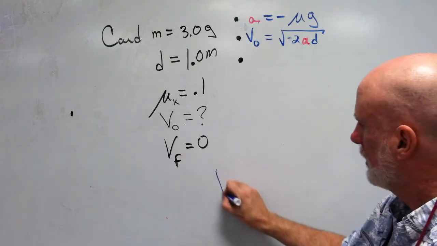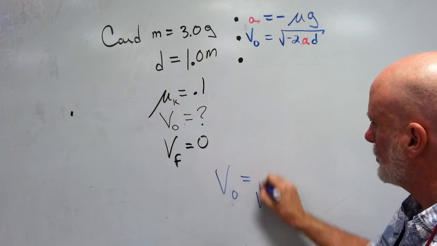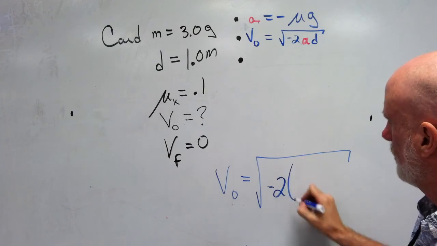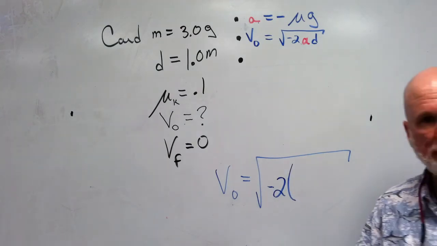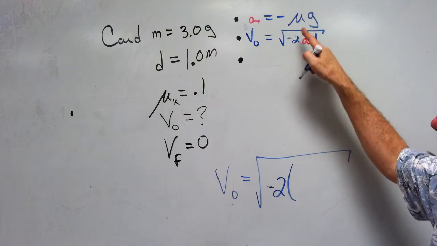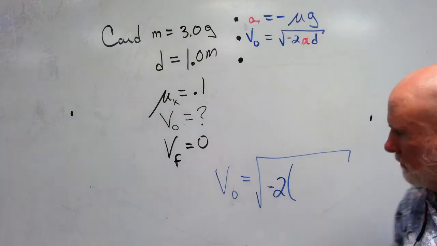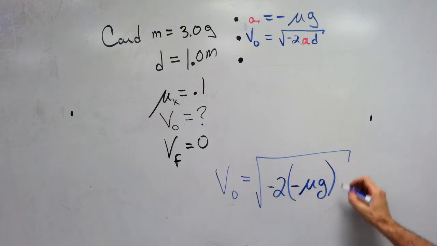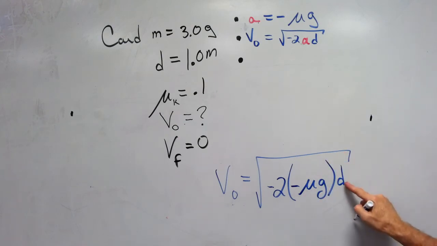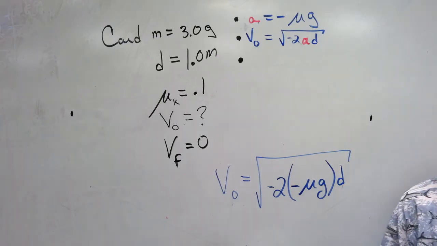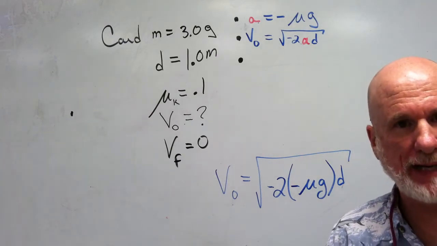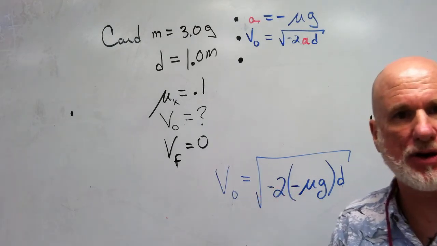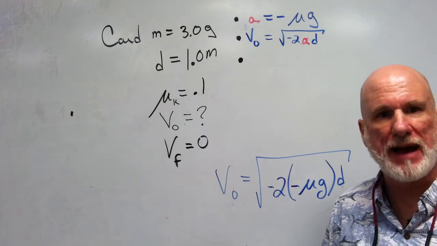I would say V naught equals square root of negative 2, and then A is going to be negative mu G times D. It might interest you to know that we are not taking the square root of a negative because we have negative times negative. This is not going to be a problem with imaginary numbers.